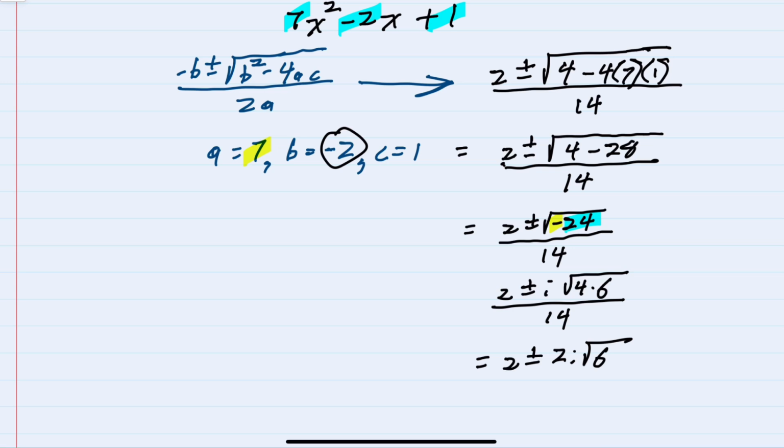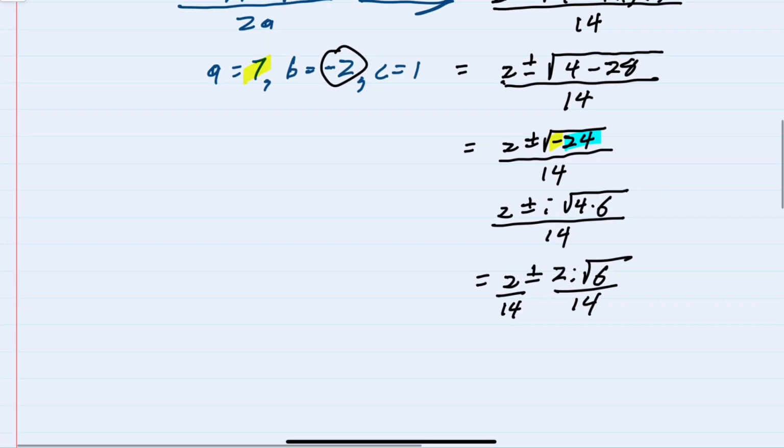And since this denominator is 14, and we can separate the numerator into each part being over 14, this will continue to simplify to just 1 over 7 plus or minus. The 2 goes into 14 7 times. So this would be just i square root of 6 over 7.